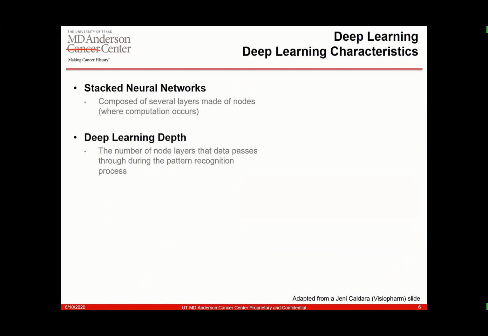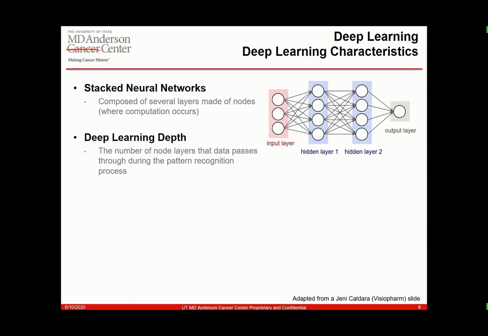So when we talk about a stacked neural network or the deep learning depth, what I mean by that is that essentially what you have is several hidden layers of categories or sets of rules that you've defined or baked into your algorithm. And the number of layers is important for the data recognition process.